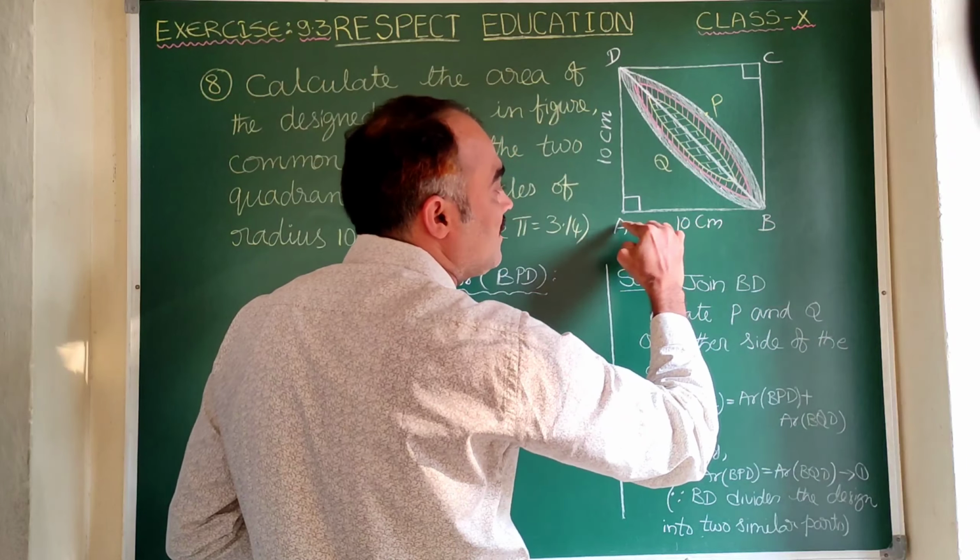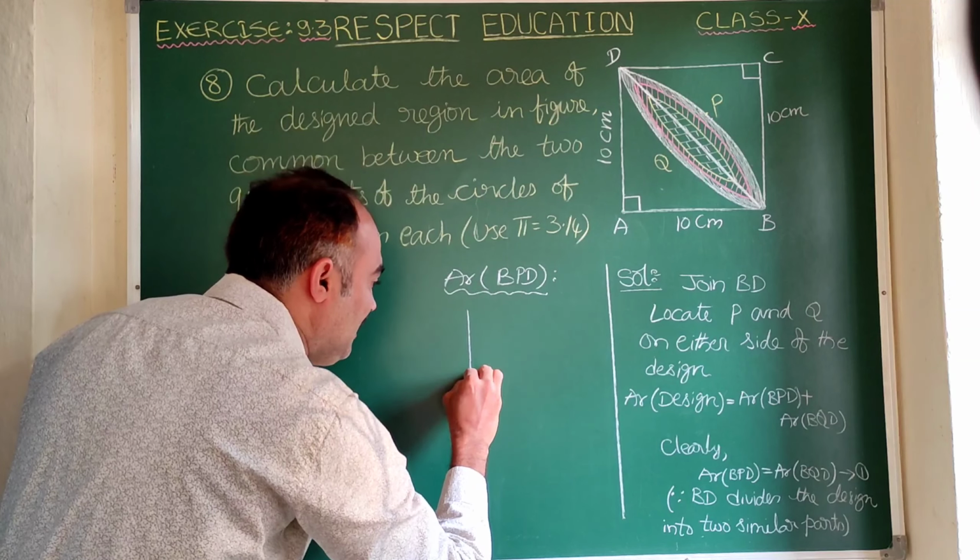The circle from which this quadrant is taken has a radius of 10 centimeter. In the same way here also, its radius is 10 centimeter. Now, in order to find the area of BPD, let us consider the quadrant ABD, that is also nothing but a sector. Here I am drawing once again.